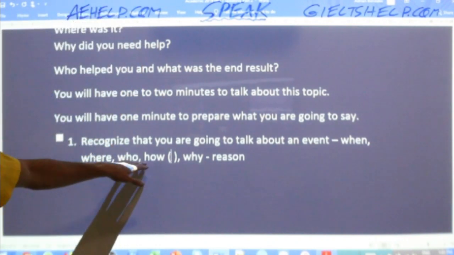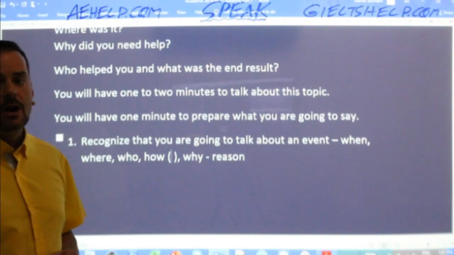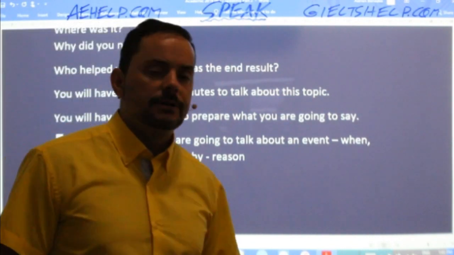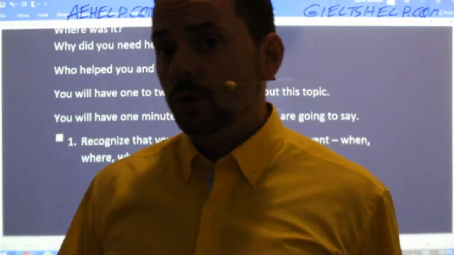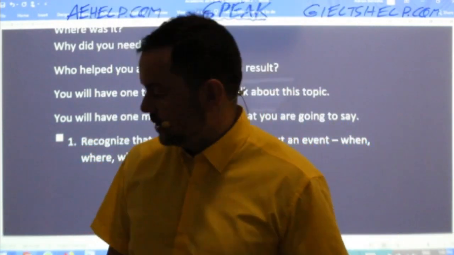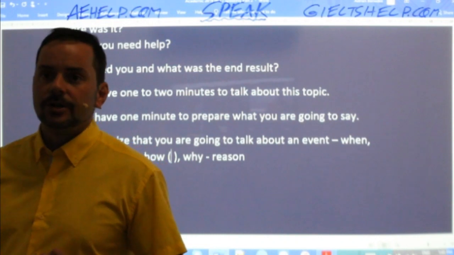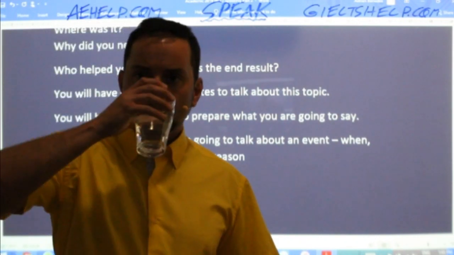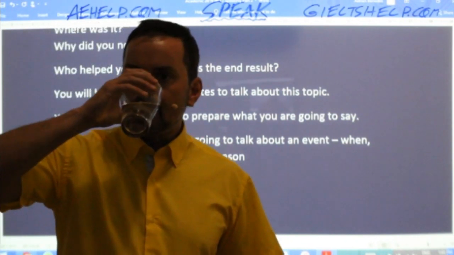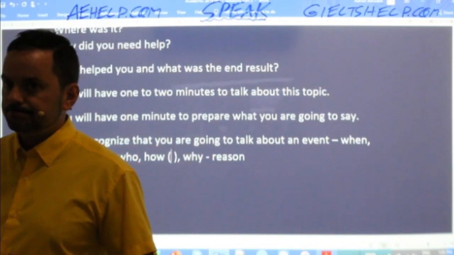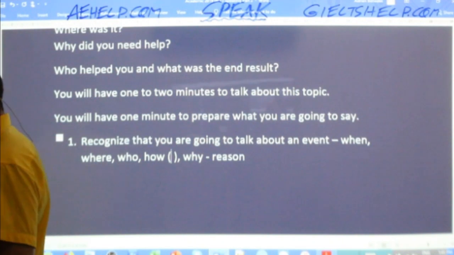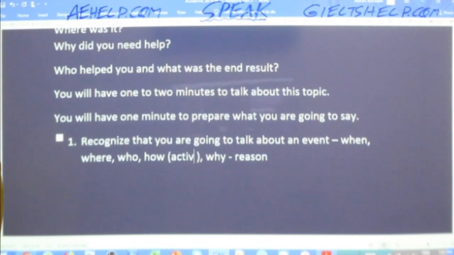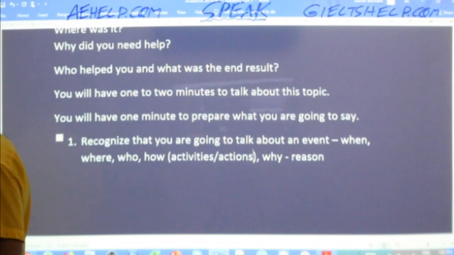What is that actually? So when we discuss the how, what kind of information are we looking to include into the context for the listener? It's not background information. It's the activities or the actions. Okay. Remember this one, students.